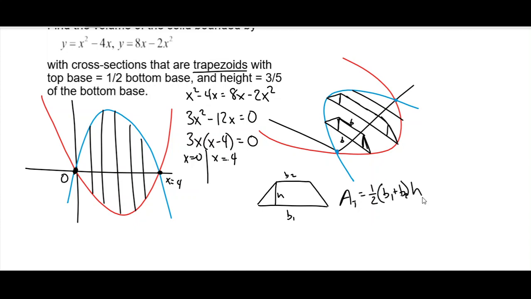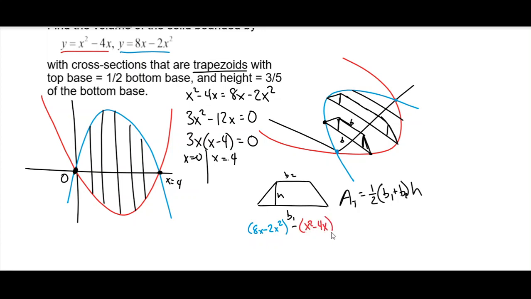Base 1 looks like it's the blue function minus the red function, which in this case is 8x minus 2x squared. That's over here. And this is going to be subtracting the bottom function, which is the red function, x squared minus 4x.